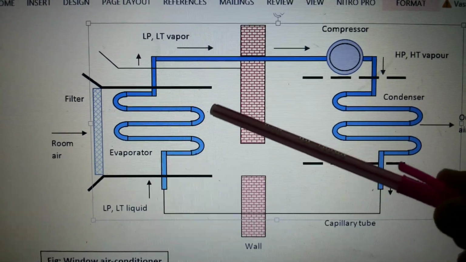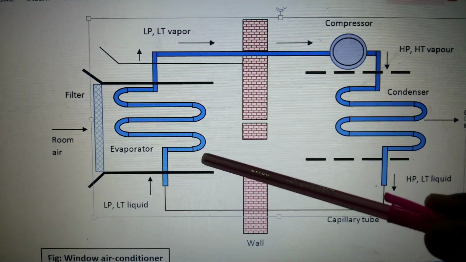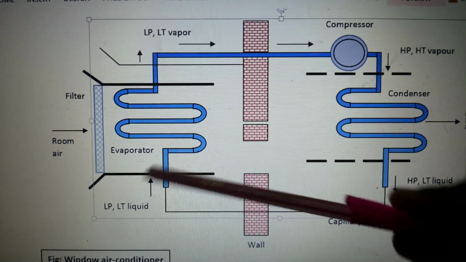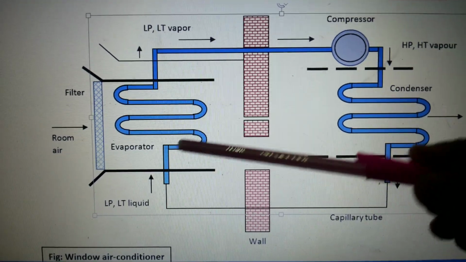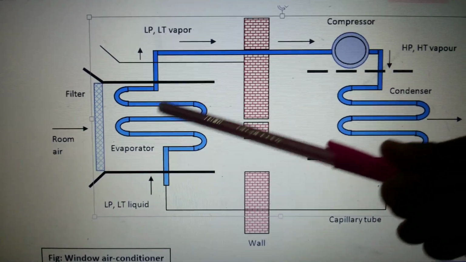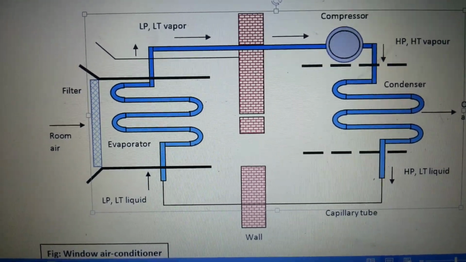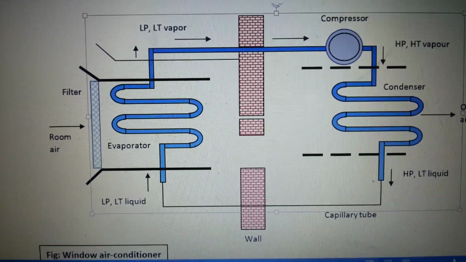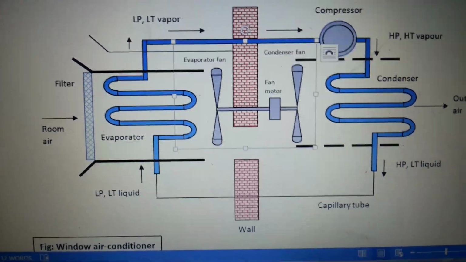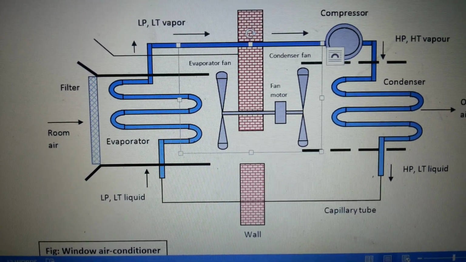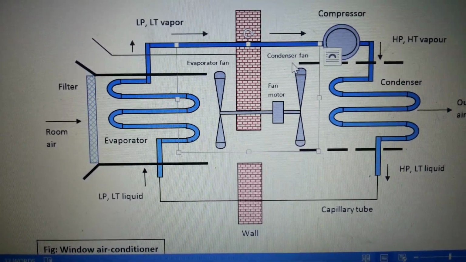As you can see, the air coming from the room has its heat absorbed by the refrigerant, hence the air gets cooled. And here we have the motor fans: the evaporator fan and the condenser fan.